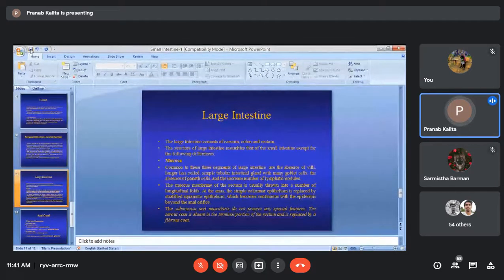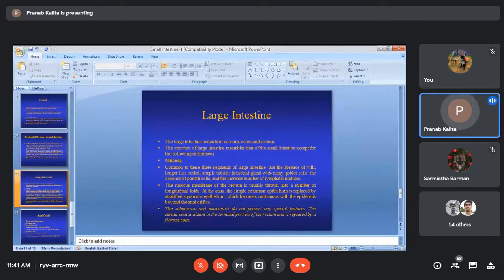Which are the characteristics common to these three segments of the large intestine? That means which characteristics differentiate all parts of the large intestine from the small intestine? In the large intestine, there is absence of villi; longer, less coiled, simple tubular intestinal glands with many goblet cells.